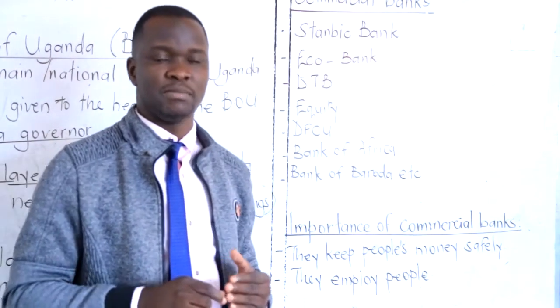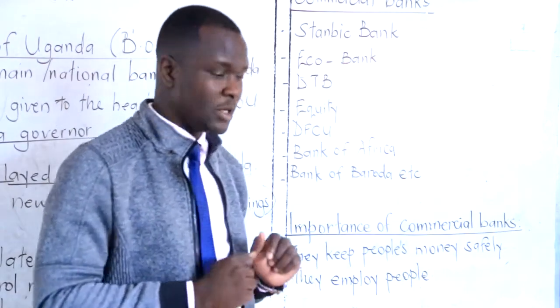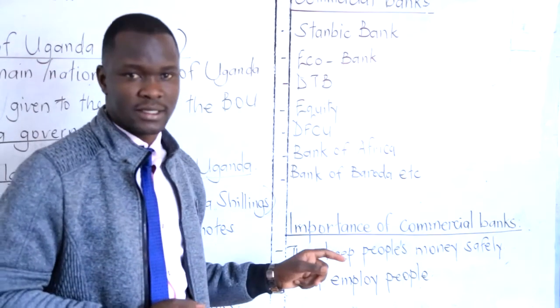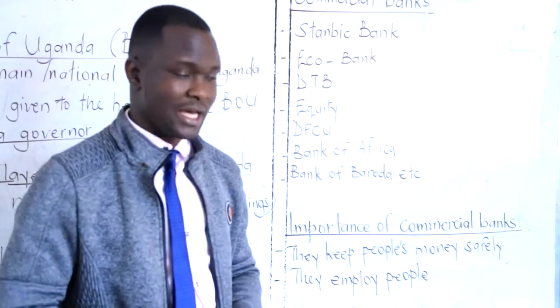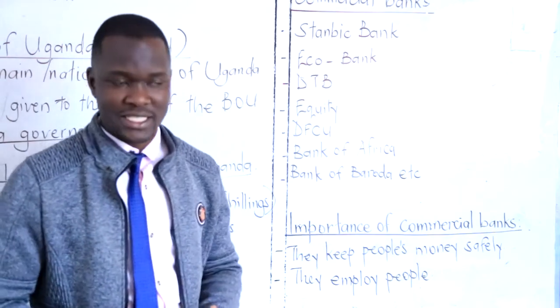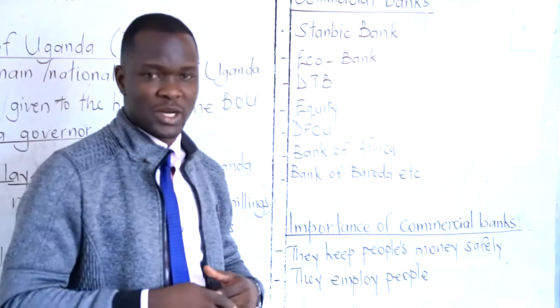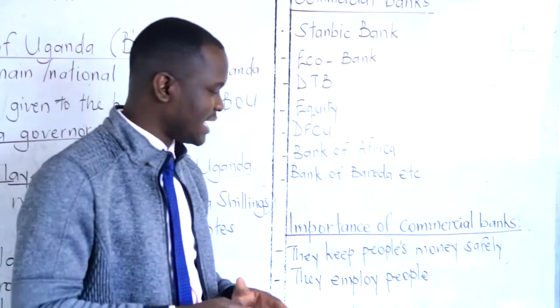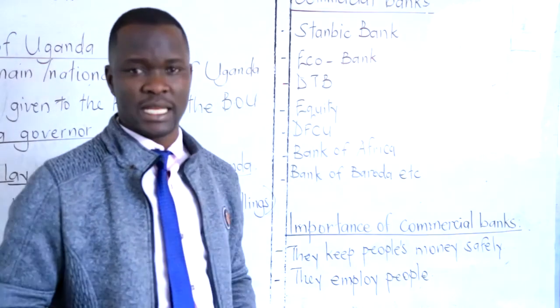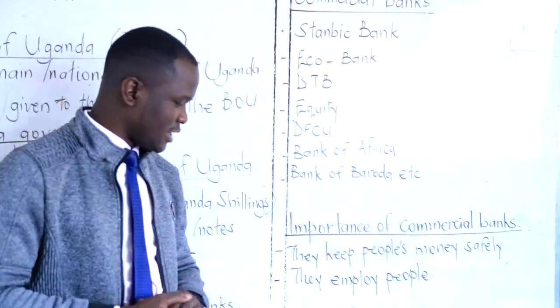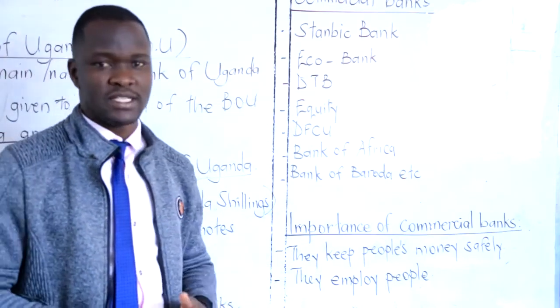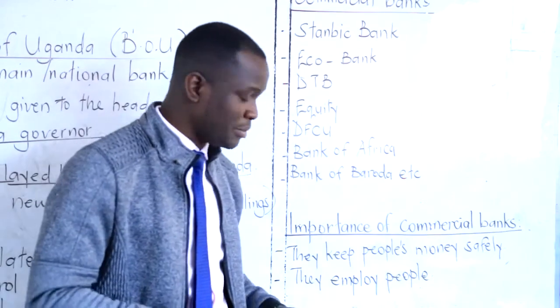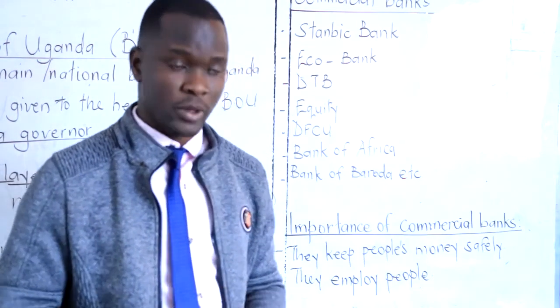So that person is employed there because of that commercial bank. If that bank was not there, that person would not be employed. As you proceed, you will meet other people: the cashiers, the tellers, the bank managers, very many people at that bank. That confirms to us that these banks provide jobs to the people.